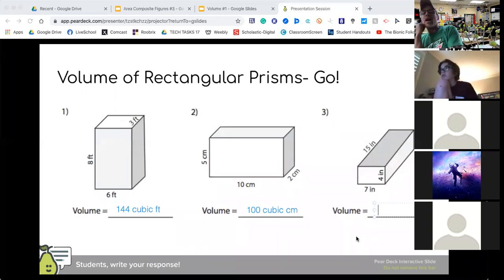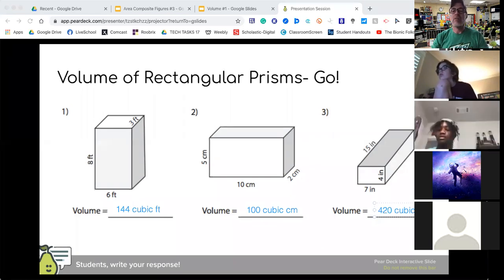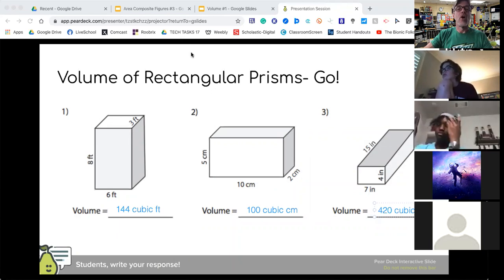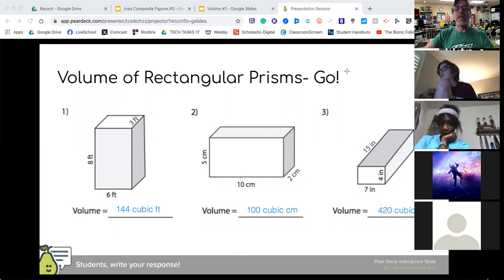And 105 times 4 is 420. Yeah, 420 cubic inches, right? Yes. All right, any questions about those? Everybody good on those? Yes. All right, that's our last one on that.